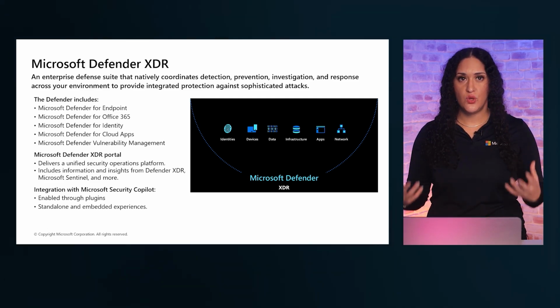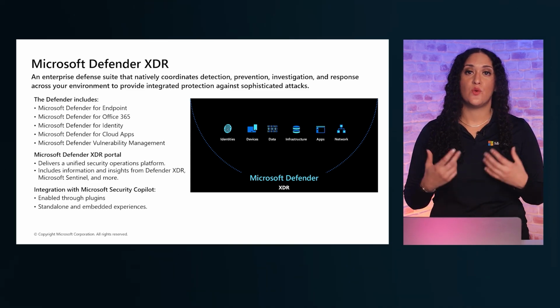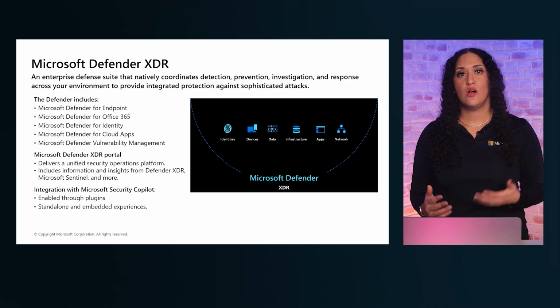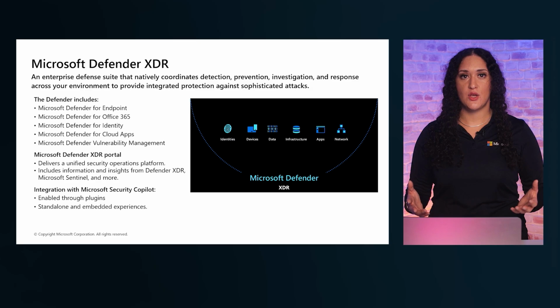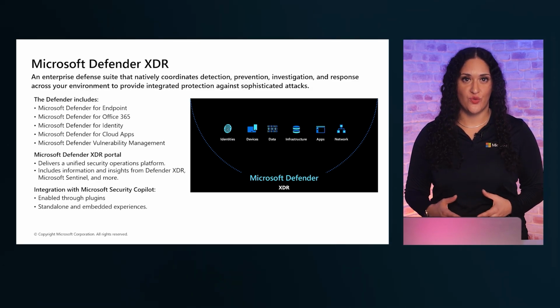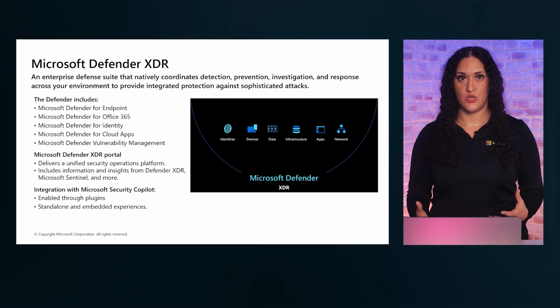We have a complete view of the attack story, we can contain threats more quickly, and we can rely on automation to stop or prevent further damage. All insights are centralized in the Microsoft Defender portal, which also integrates Microsoft Sentinel and Microsoft Threat Intelligence, giving us a powerful and scalable foundation for modern security operations.